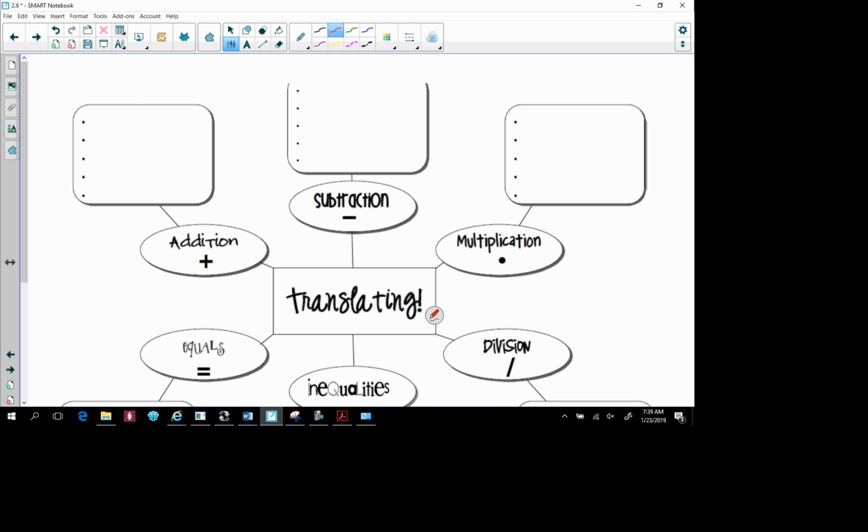We'll do addition. So words that mean addition, we already went over it a little bit, but sum, plus, increase by, more than.